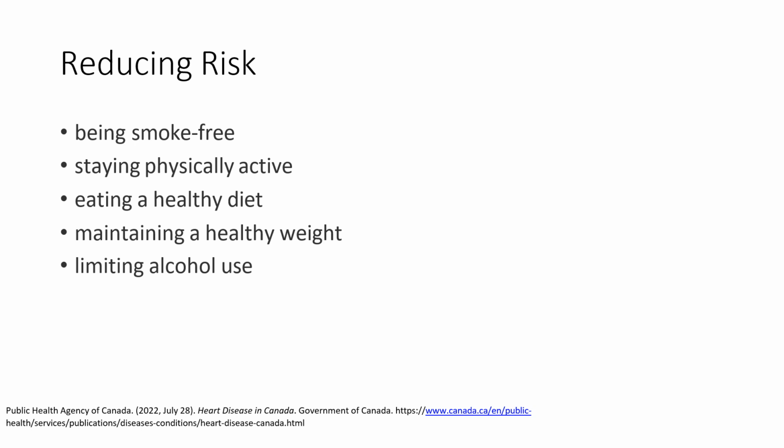The first is being smoke-free, so not smoking. The second is staying physically active, eating a healthy diet and maintaining a healthy weight, and limiting your alcohol use. And so all of these topics are actually ones that we're going to cover in lectures throughout this semester. And so we'll see all of the other diseases or things that an individual can avoid if they just reduce their risks with these kind of high-risk behaviors.